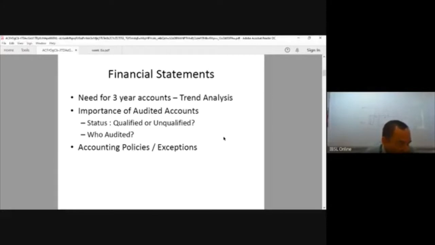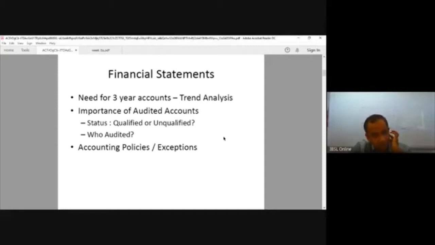In the audit certificate, they will express one thing very particularly: how they have carried out the audit, and in their opinion whether all the accounting policies as per the Sri Lankan accounting standards were followed, whether it is in order, and whether there is any exception.